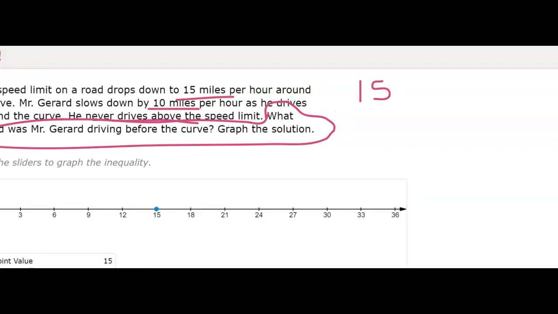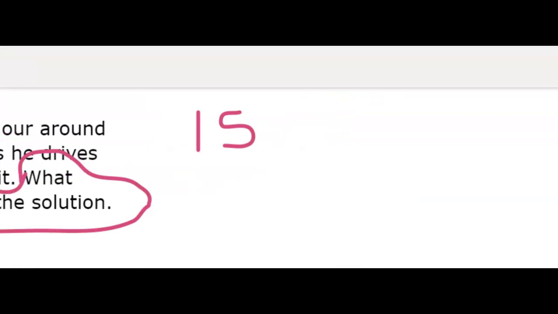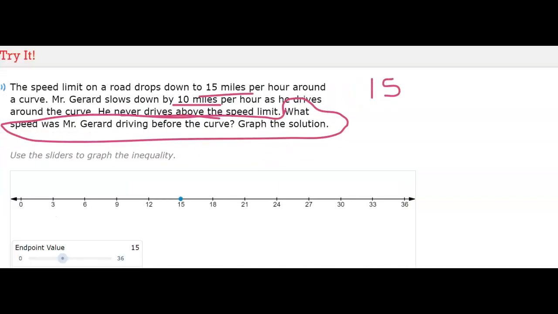15 is greater than the speed that he was going. So we have greater than because it says he never went over the speed limit.